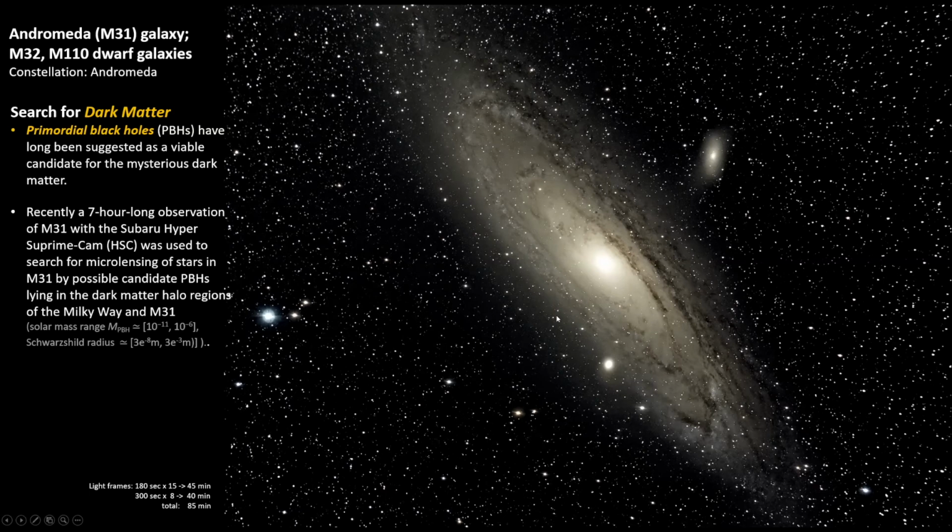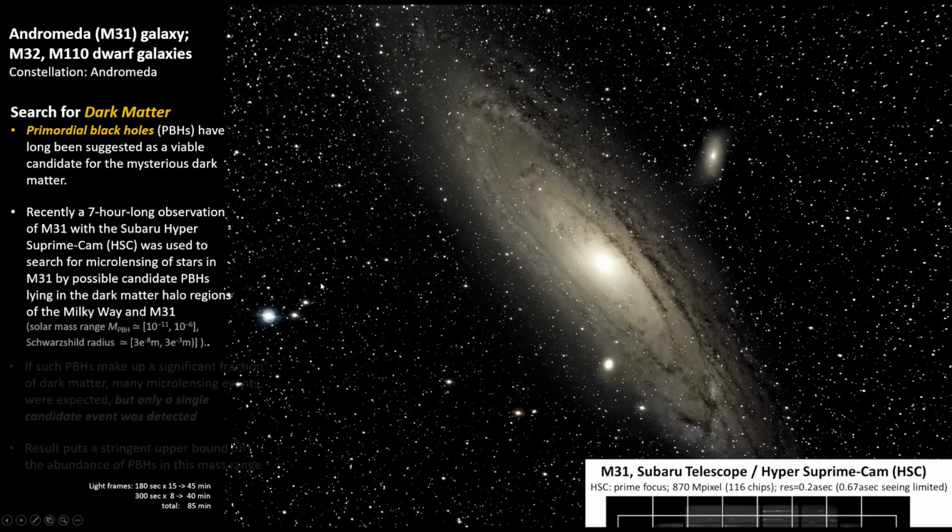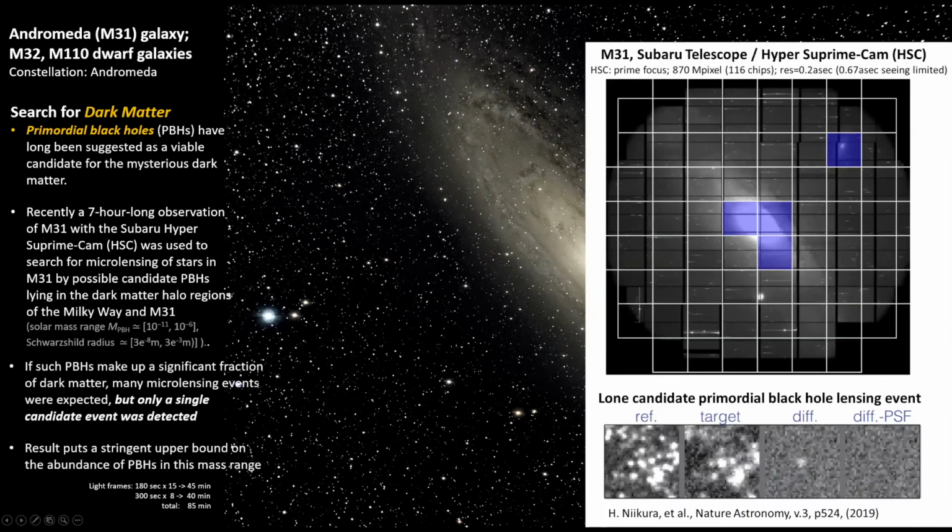Furthermore, because of the motion of the Earth, the position of these intervening primordial black holes relative to the stars in this distant object change. So if you take an image over a long time period, you should see changes in the position of stars. So this is the experiment that they did just recently, in 2019, with the Subaru telescope.